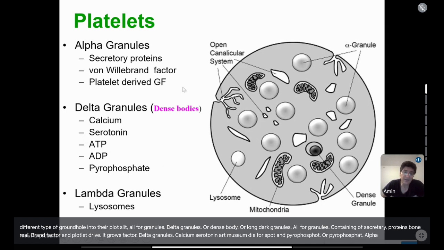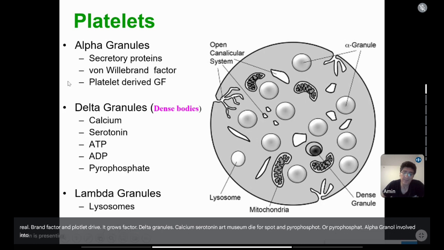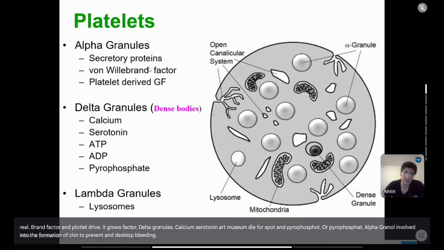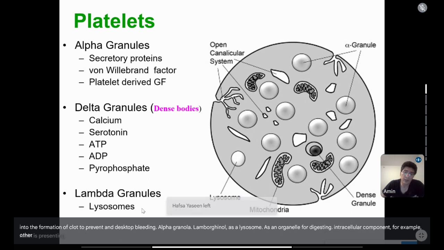Alpha granules are involved in the formation of clots to prevent and stop bleeding. Lambda granules act as lysosomes, organelles for digesting intracellular components, for example other organelles and some substances in the platelet, as the digestive system in the cell.